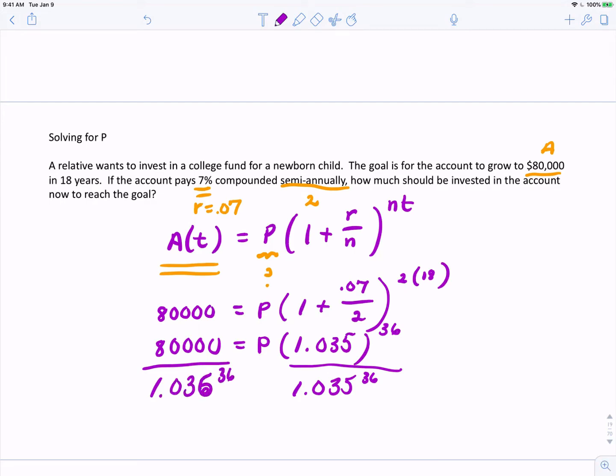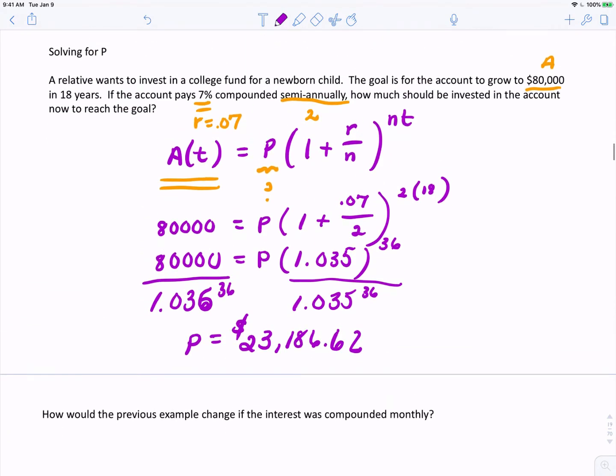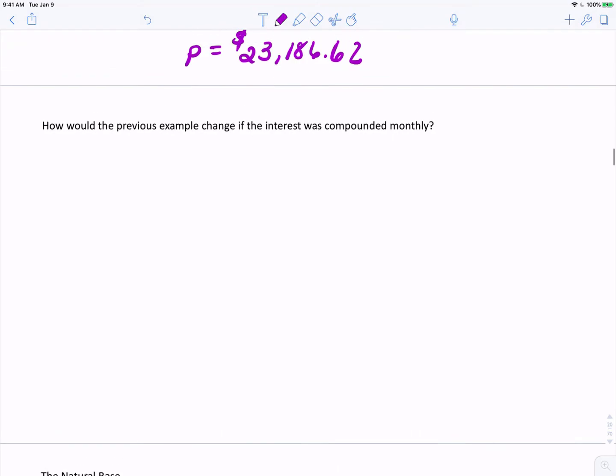All right, so if we do that, 80,000 divided by 1.035 to the 36th power gives us an initial investment of $23,186.62. So if this amount is invested now, the account will grow to $80,000 by the time the child's ready to go to college.